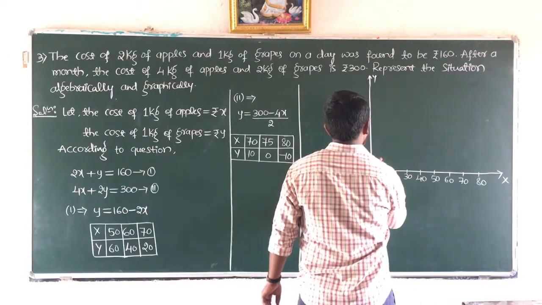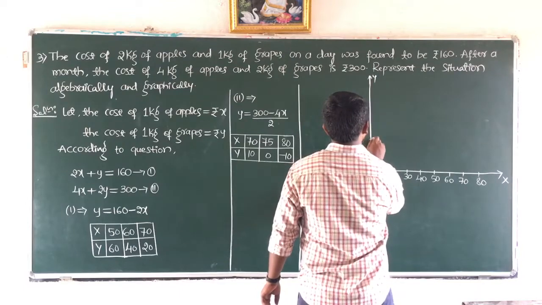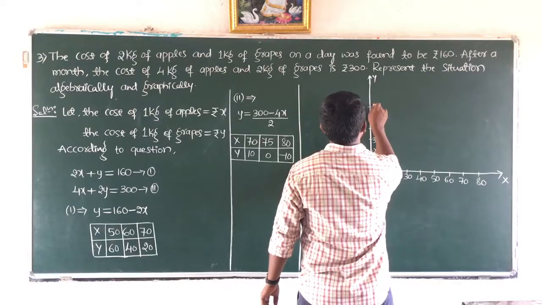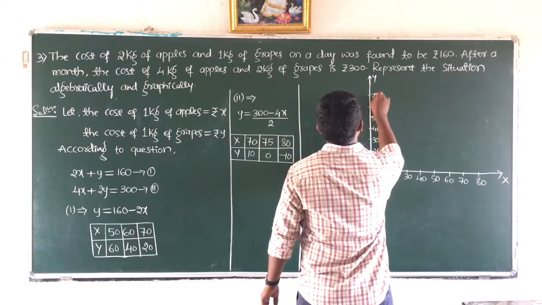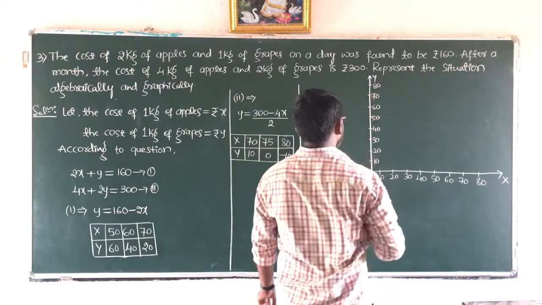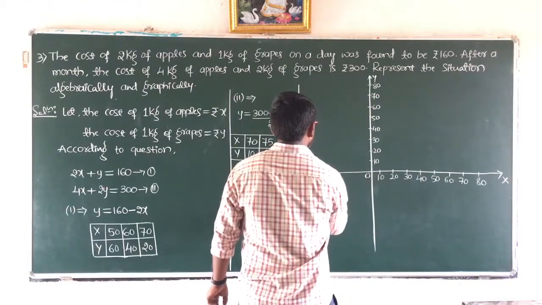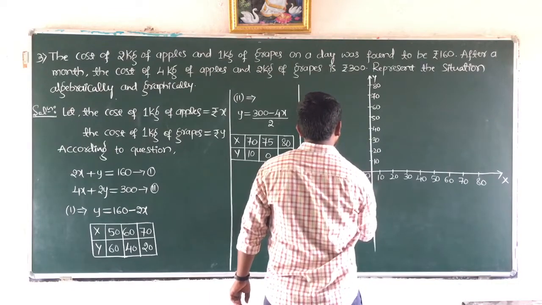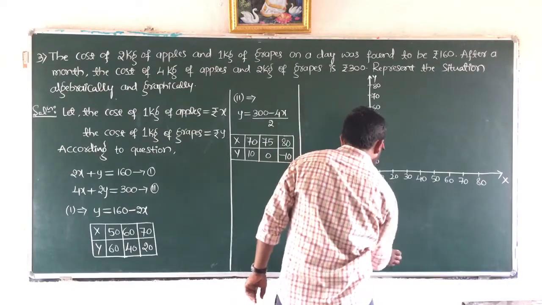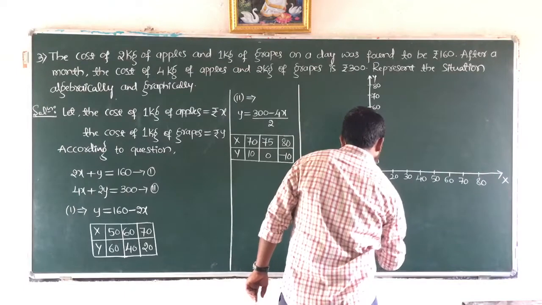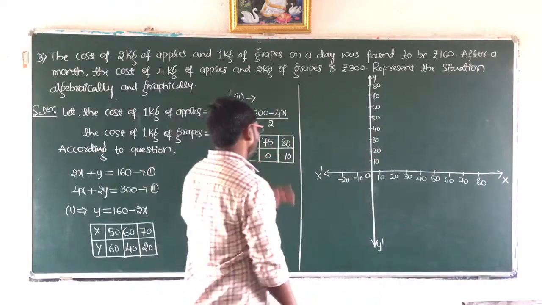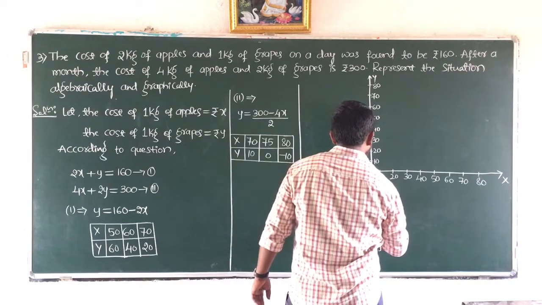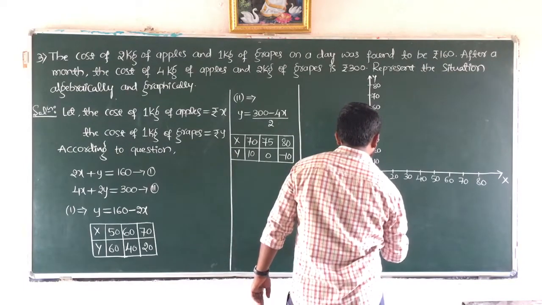Here also 10, 20, 30, 40, 50, 60, 70 and then 80. Now this is the x dash. You get minus 10, then minus 20, and then this is the y dash. We have one negative value here. So it is minus 10, then minus 20 and minus 30.